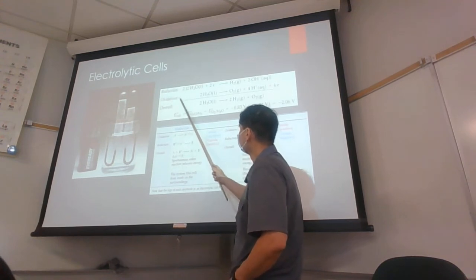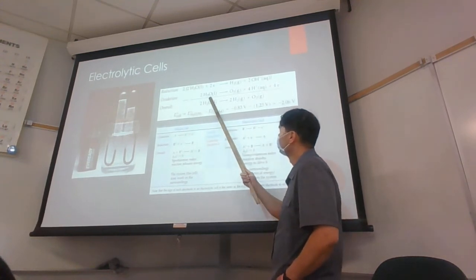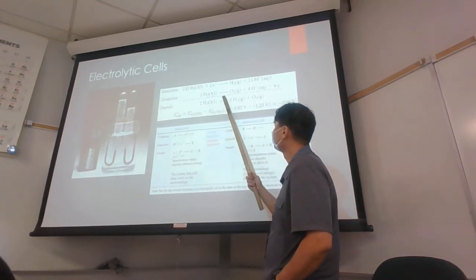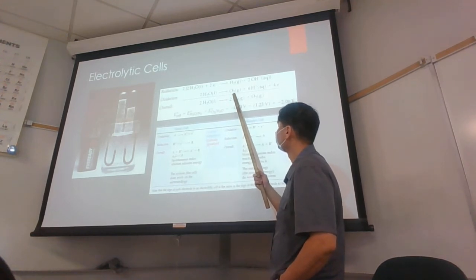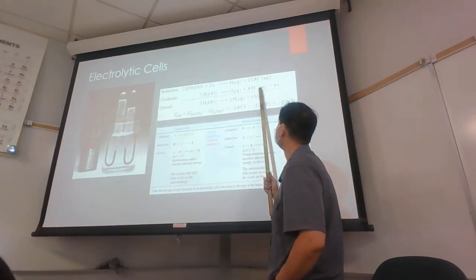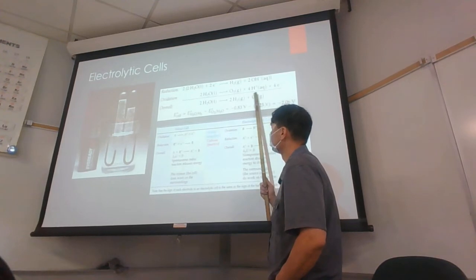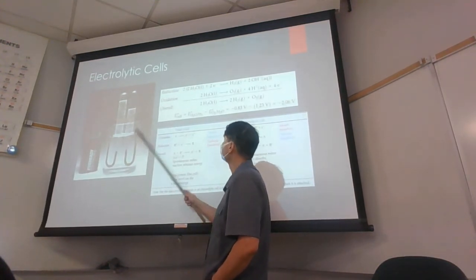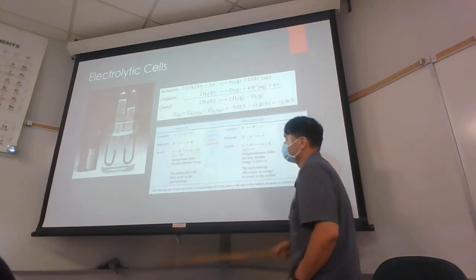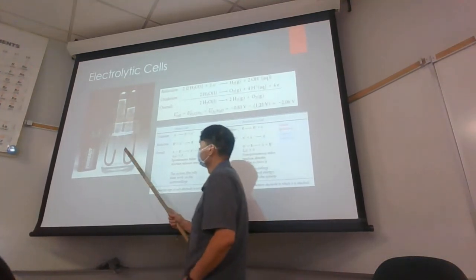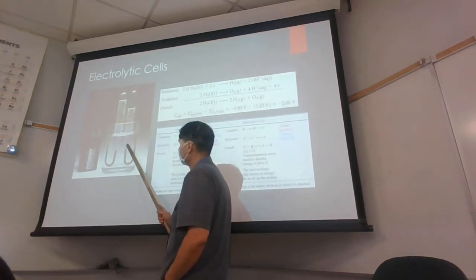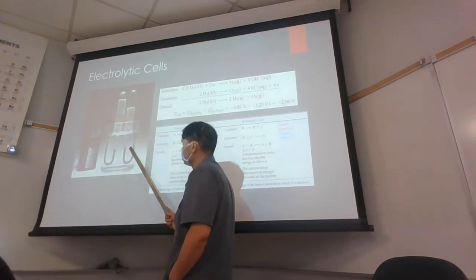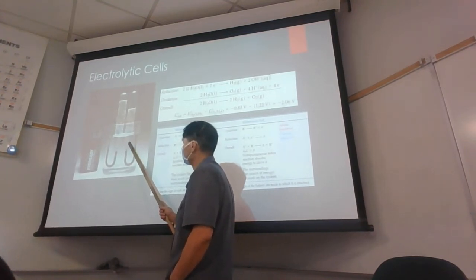This would be the anode. Oxidation occurs at the anode. And so at the anode, we have water getting oxidized to oxygen plus 4H+ plus 4 electrons. So which one is this? Well, we can tell based on the ratio. Usually convention is we'll go right to left for electrolysis, but it really doesn't matter.